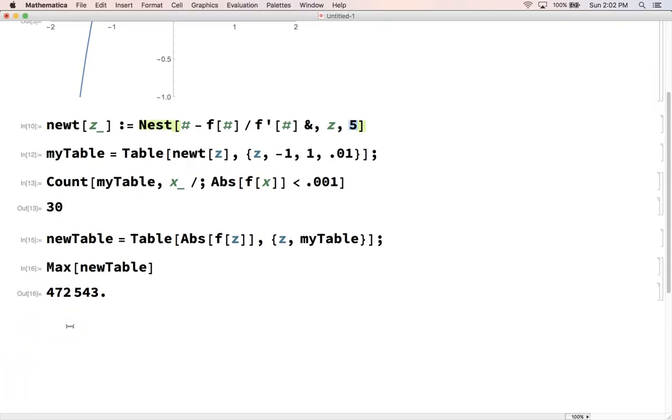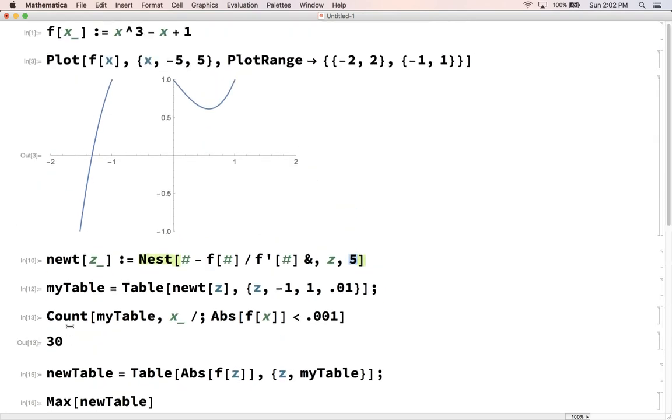You might wonder why some values are so bad, and the reason is, imagine I plug in an x like this. Newton's method is all about taking tangent lines to the graph, and here the tangent line is going to be really close to flat. It probably won't be exactly flat, but will be close, and when I evaluate where that crosses the x-axis, it's going to be some gigantic number.